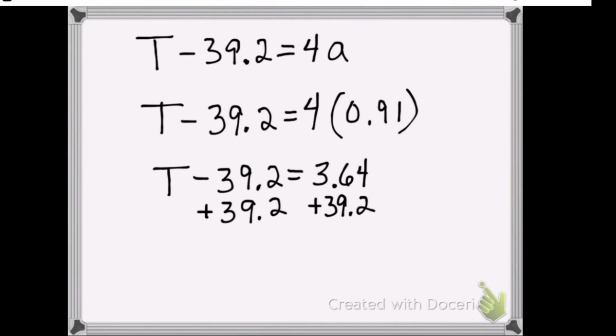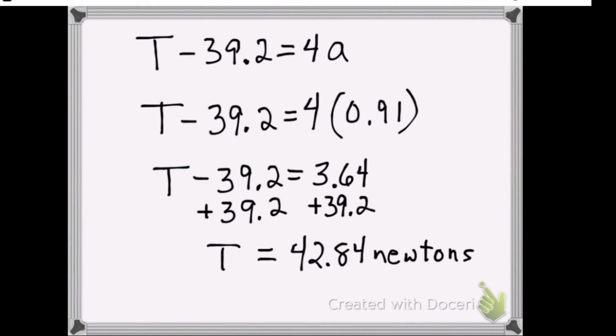The opposite of subtracting 39.2 is adding 39.2. So we're going to do the opposite. And whatever we do to one side of the equation, we have to do to the other side of the equation. So on the left side, the 39.2's cancel, and we are just left with t. On the right side, we're going to add 3.64 plus 39.2. And we get 42.84 newtons.